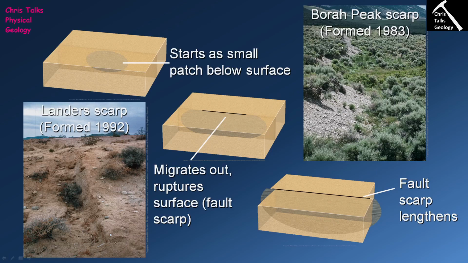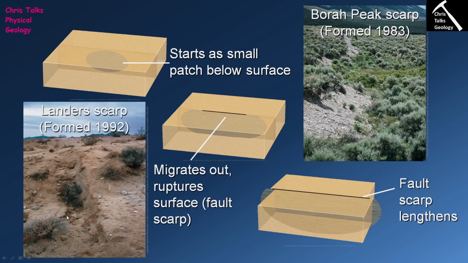Now, what you'll notice is that the fault scarp is steadily being broken down, because obviously a fault scarp is going to expose rock, and the rock that's exposed will naturally weather, and you can see that because we have all this loose material which is being produced by the erosion of the fault scarp. So over time, fault scarps will either be eroded away and lost, or they will get filled in.